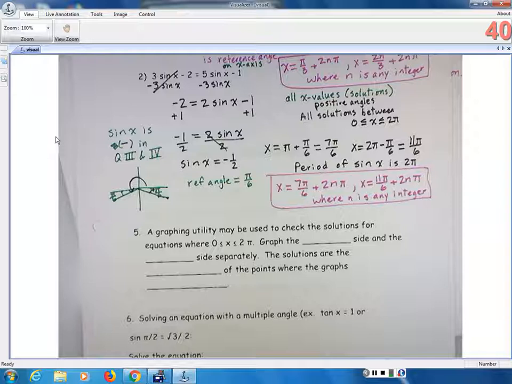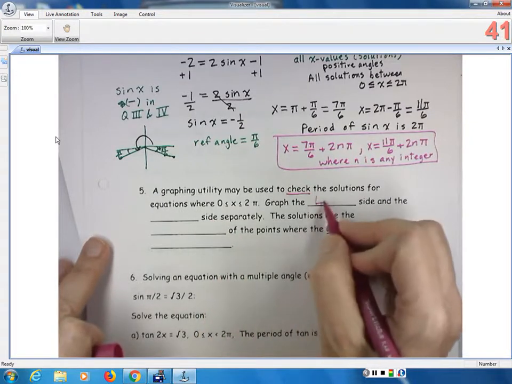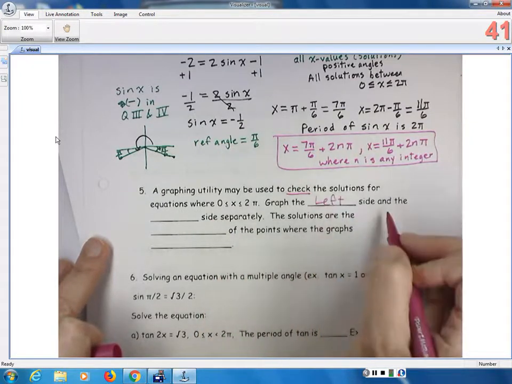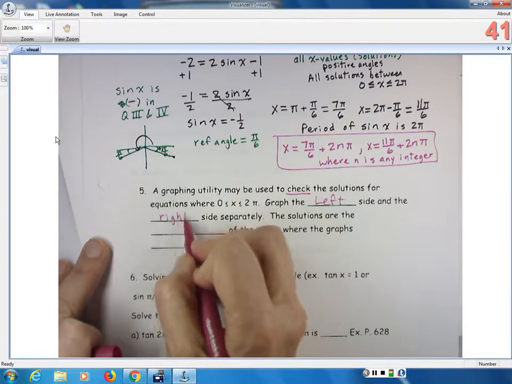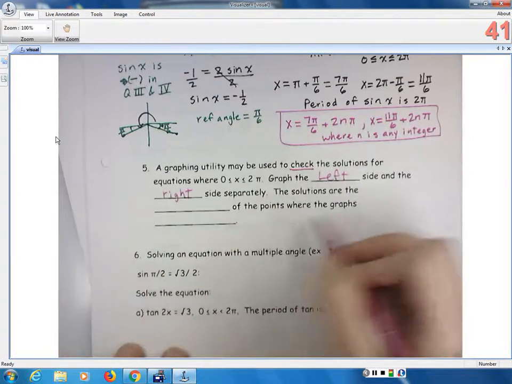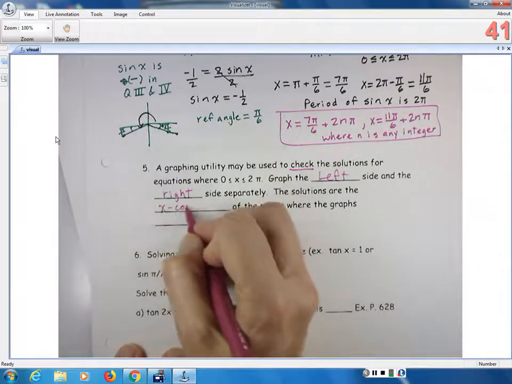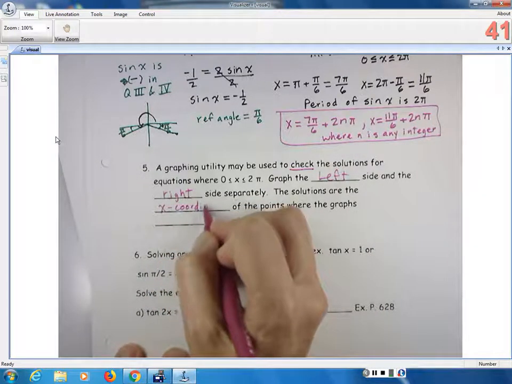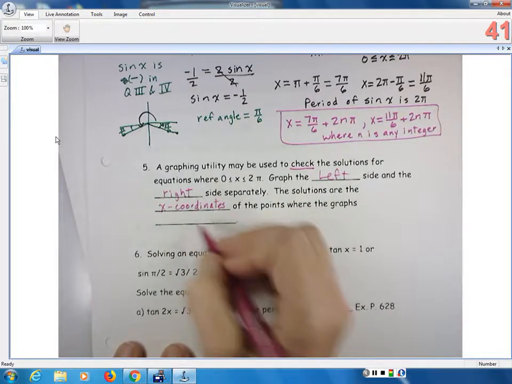Then you may check your solutions with the calculator. You graph the left side of the equation and the right side separately. Hopefully you've done this before. The solutions will be the x-coordinates of the points where the graphs intersect.